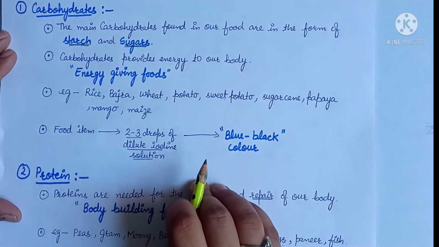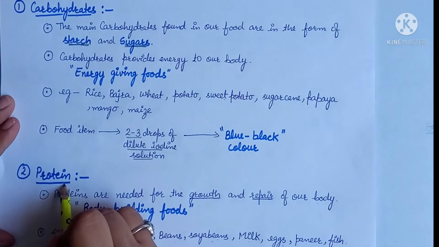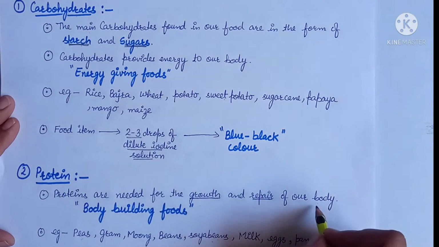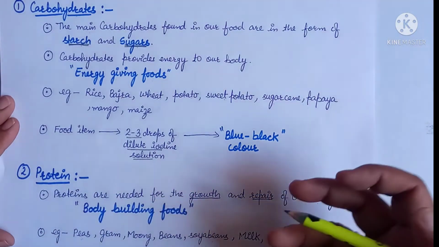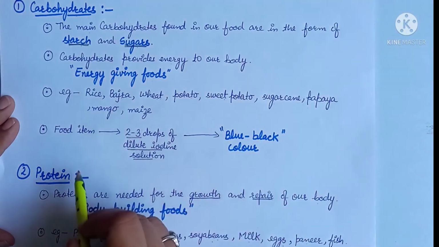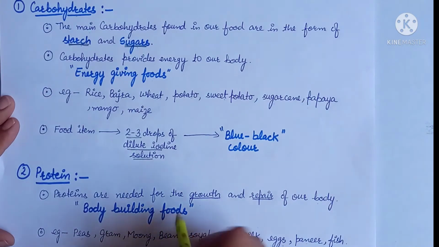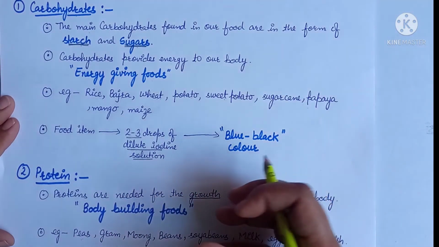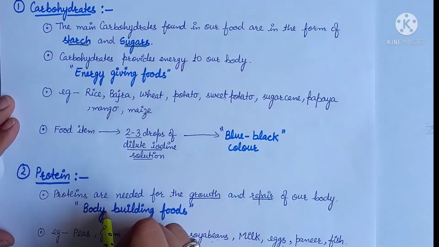Next, let's move to our second major nutrient, which is protein. Proteins are also needed for the proper growth and repair of our body, because protein helps in the repair of the cells of our body. So we can call protein a body building food. People who want to build their body and muscles consume more protein rich food.